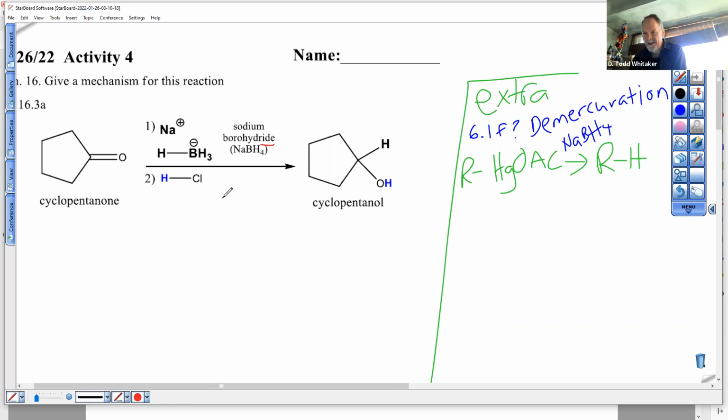What does chloride mean? Cl minus. Hydride. What does that mean? Hydrogen minus. I do not see a hydrogen minus. This molecule behaves as if it is a hydrogen minus. You must first make hydrogen minus for this reaction to proceed.